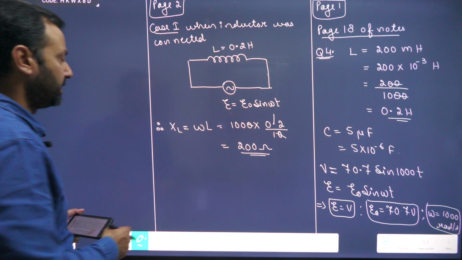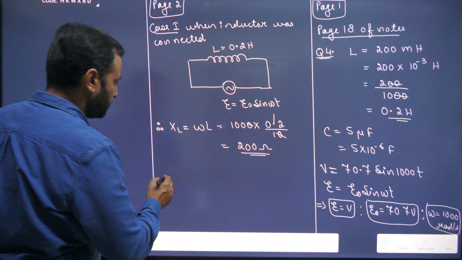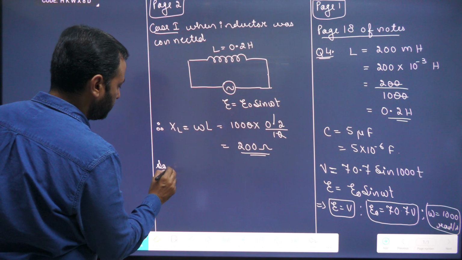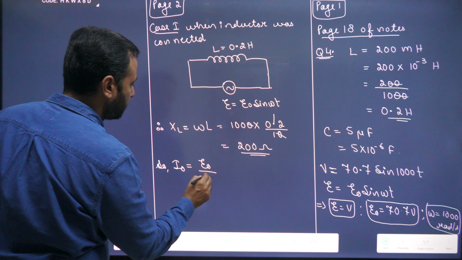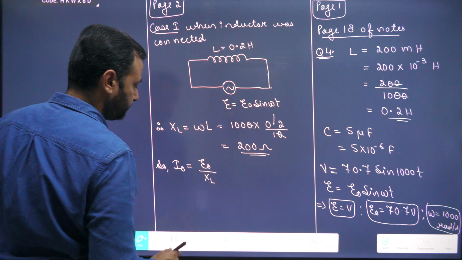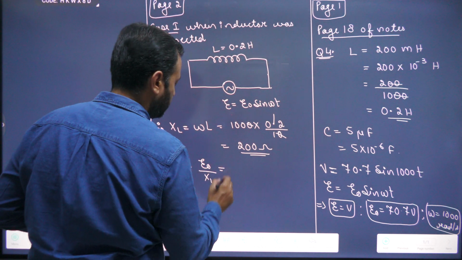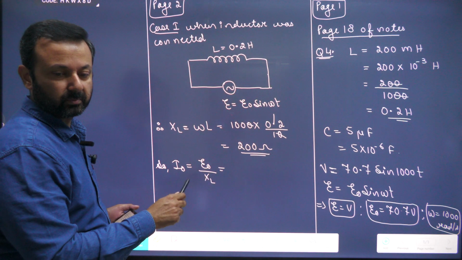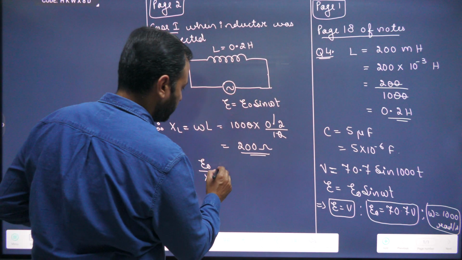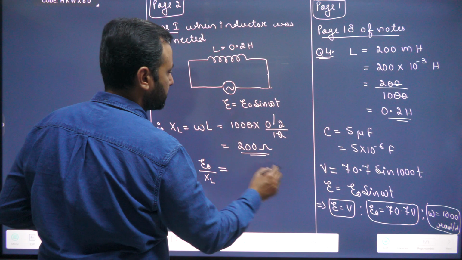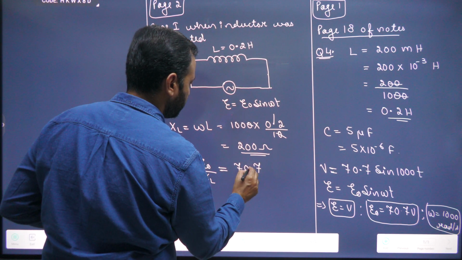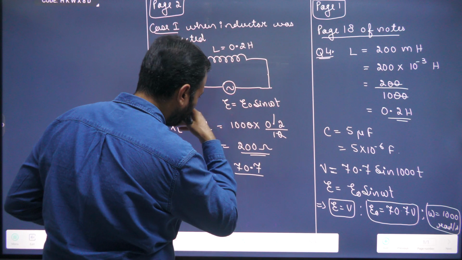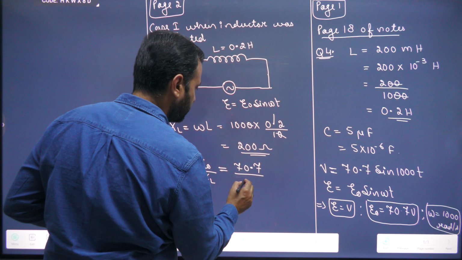Now XL is equal to 200 ohm. Therefore, I naught is equal to E naught upon XL. If you face any problem in this question, then please tell me. What is E naught? E naught is 70.7, and XL is 200.